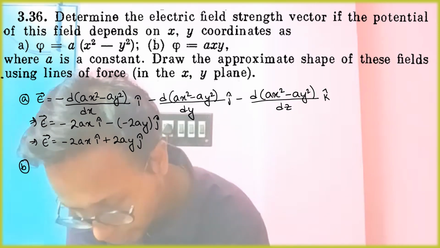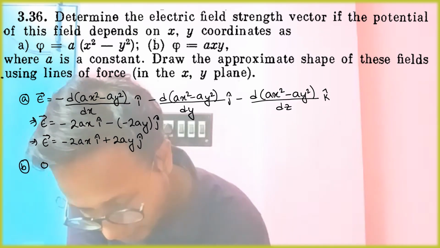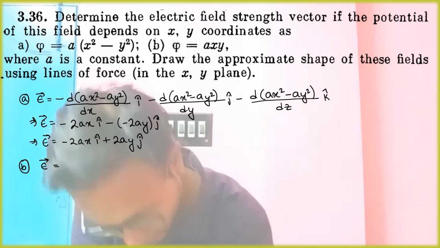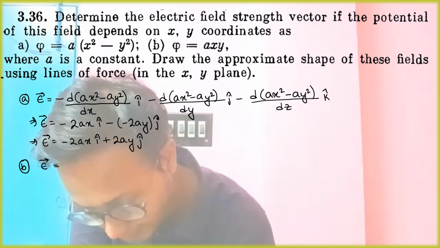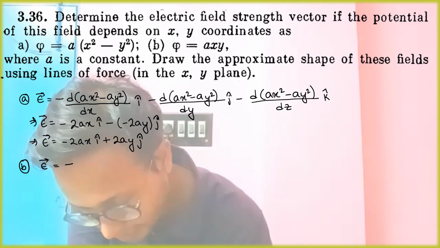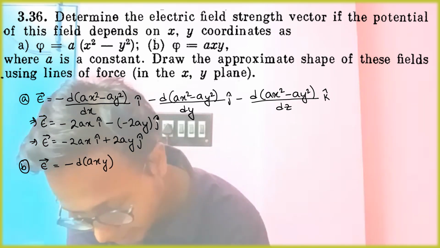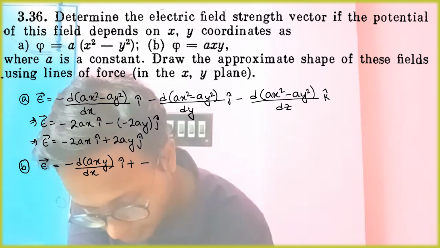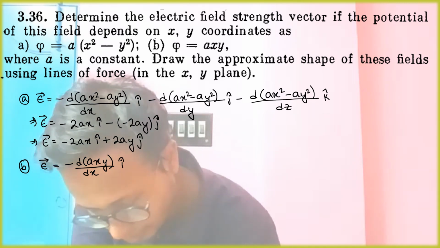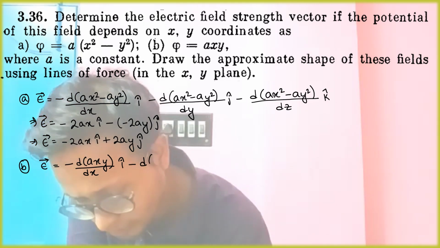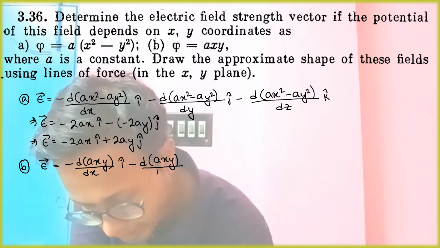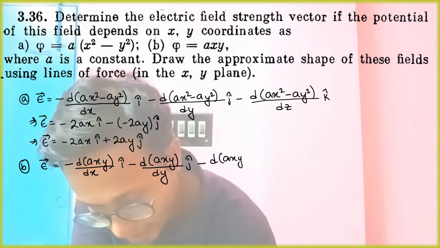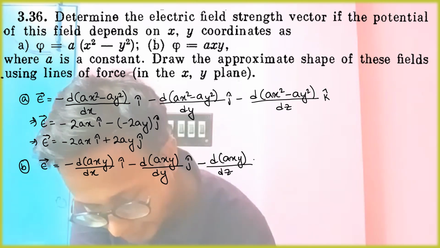Similarly, part B of the question, potential is given by axy. So electric field is nothing but minus dAxy by dx i cap, plus, sorry, plus into minus is nothing but minus only, no? So minus dAxy by dy j cap, minus dAxy by dz k cap.